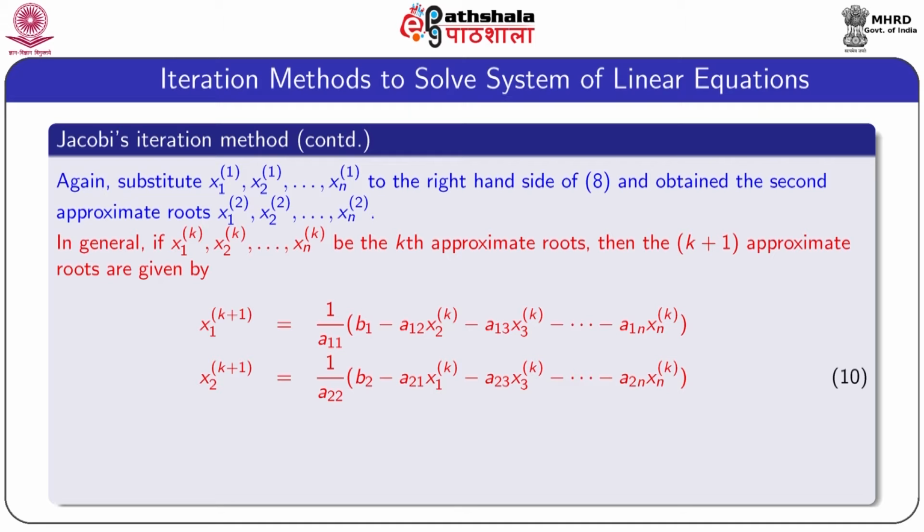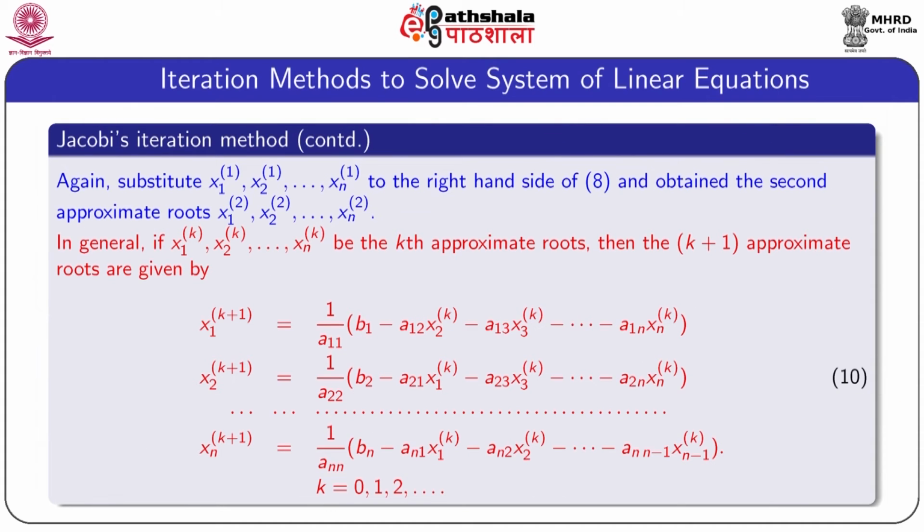That means the kth iterated values for x2, x3 up to xn are used to find the k plus 1 iterated value of x1. Similarly, the kth iterated values of x1, x3 up to xn are used to calculate the k plus 1 iterated value of the second variable x2.